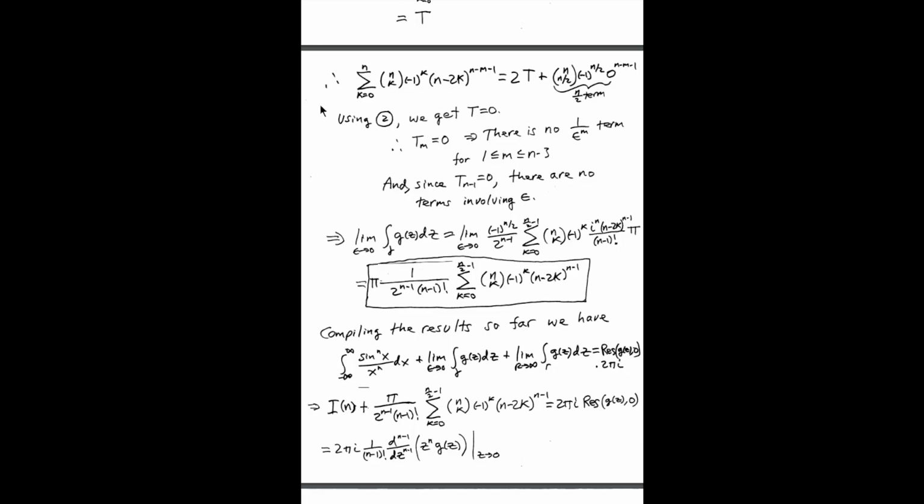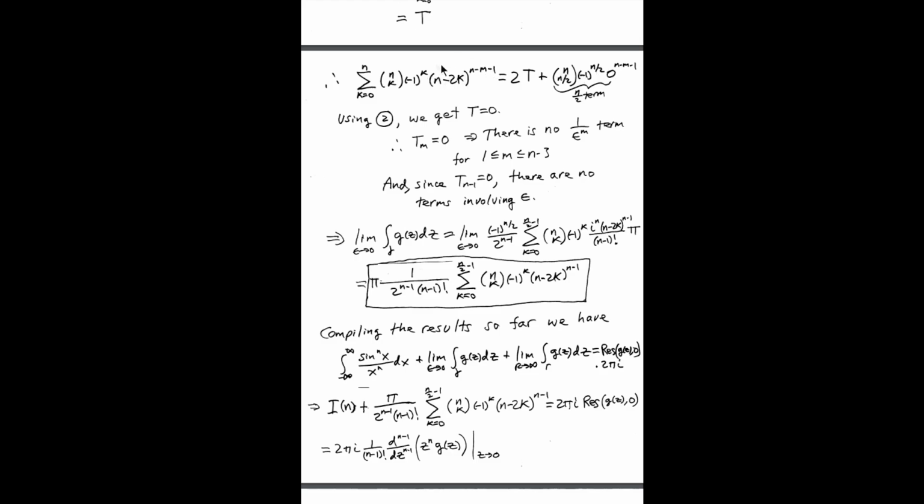All right. Therefore, if we wanted to know the sum as k goes from 0 to n of this stuff, n choose k minus 1 to the k times n minus 2k to the n minus m minus 1, well, that'll simply be 2 times our capital T plus the n over 2 term, which will be n choose n over 2 times minus 1 to the n over 2 times 0 to the n minus m minus 1.